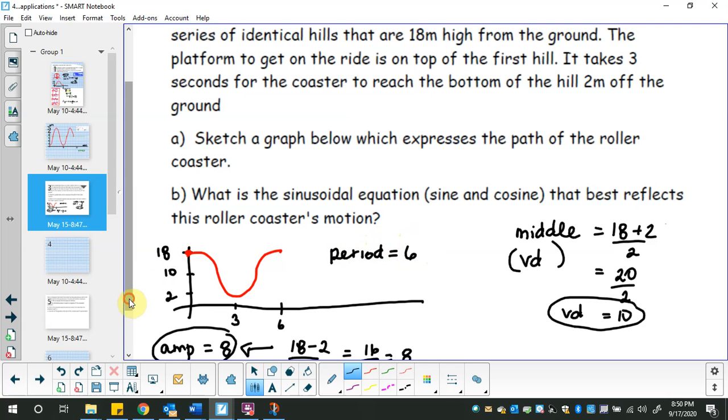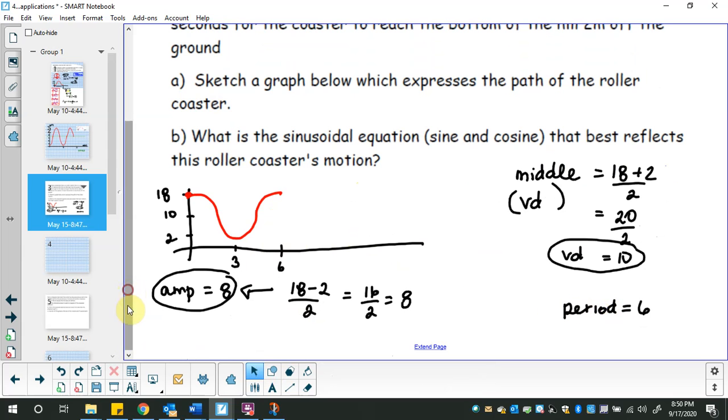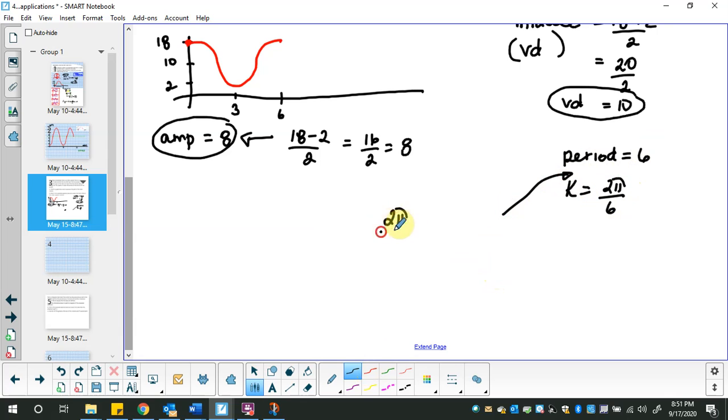Now there's 2 ways you can figure out your K value. There's the little trickster method, and there's the mathematical method. Actually, let's do the trickster method first. The K value will be 2 pi over the period, which is 6. The end. Now if you wanted to, you could insert the math, which is 2 pi over K is the calculation for period.